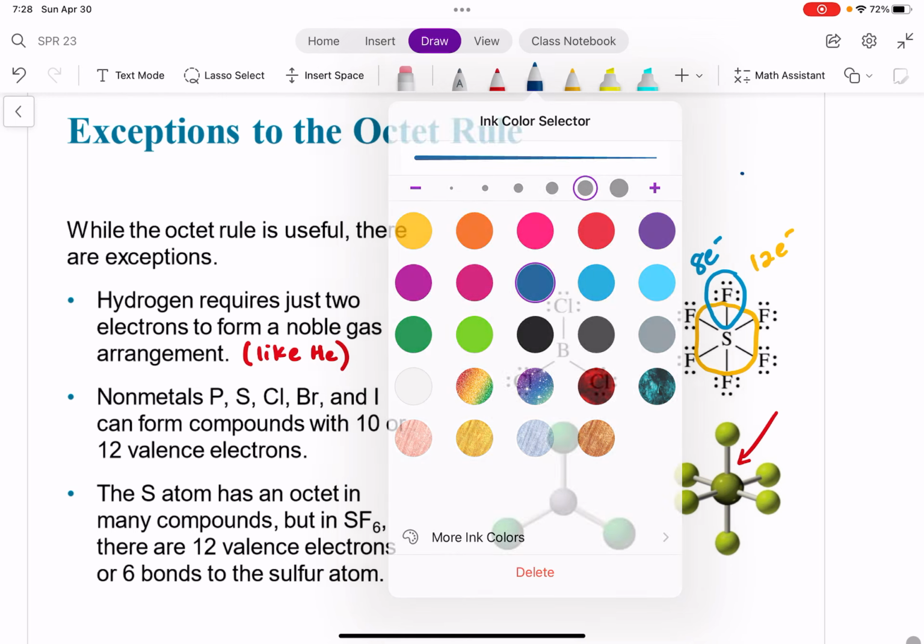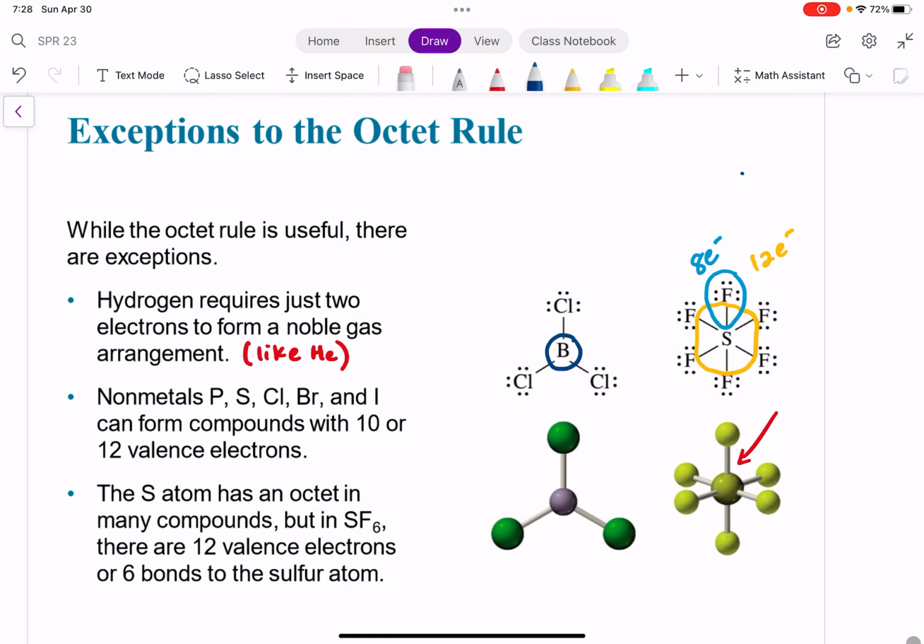Also, you will sometimes see that boron really only likes to form 3 bonds. So looking around this boron, how many electrons are there? We have 2, 4, and 6. 6 electrons on that boron. So that's actually less than the octet rule. Okay, so that's an exception there, and boron is one of those that often likes to form 3 bonds.